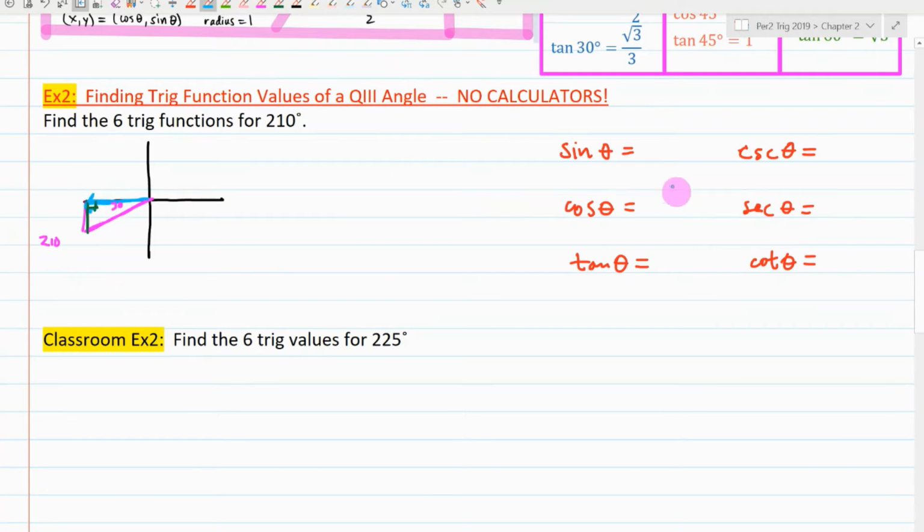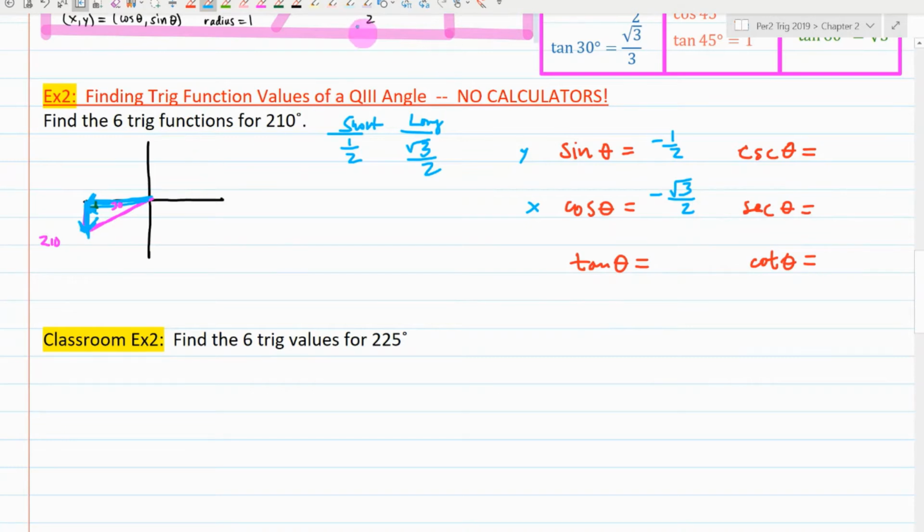So cosine is negative radical 3 over 2. Remember, the short leg is 1/2 and the long leg is radical 3 over 2. Sine goes with Y. So Y is the short leg, and it's also negative because it's pointing downward. If I'm going to the left, X is negative. If I'm pointing downward, Y is negative. So that's a negative 1/2.